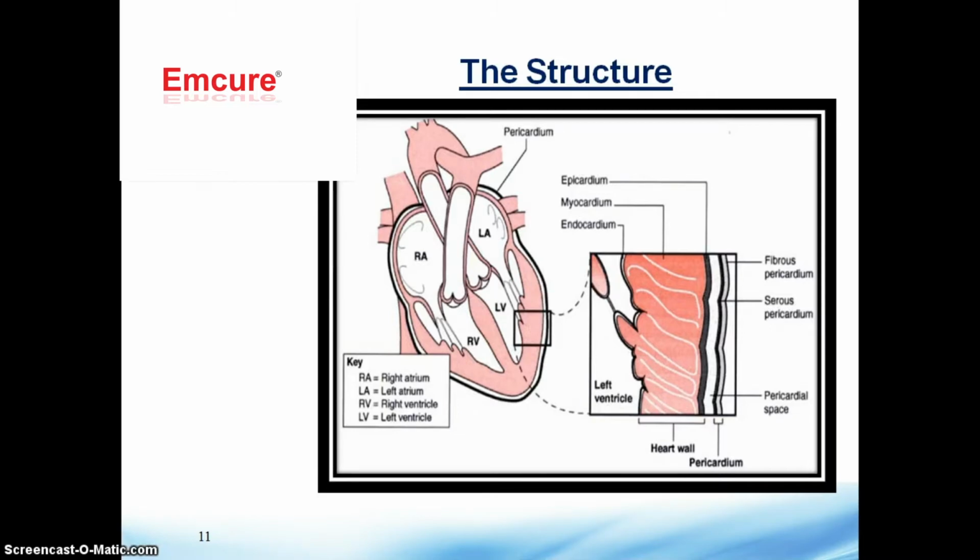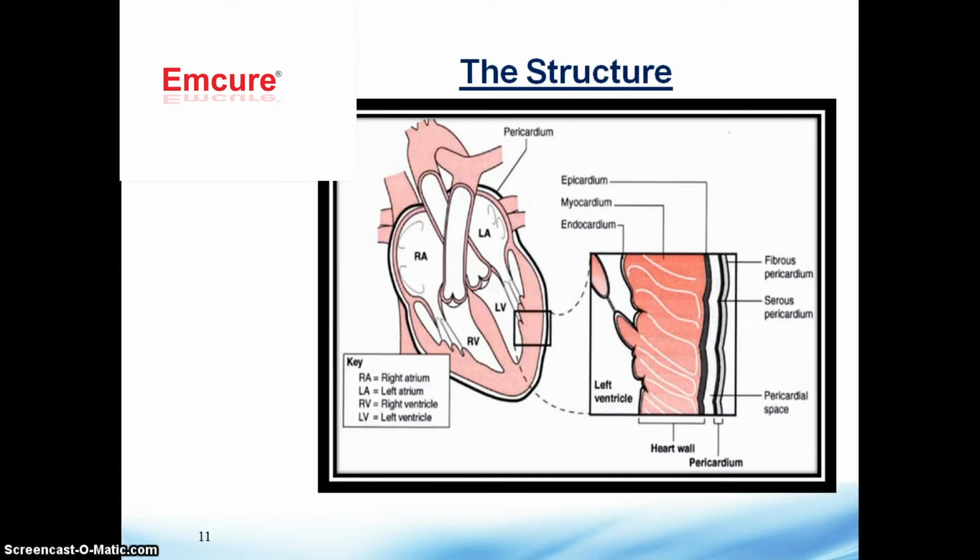Further to it, we have a layer called the epicardium, which envelops the heart muscles. In between the epicardium and the pericardial space is the outermost layer, which acts like a sac-like structure and envelops the heart all around, called the pericardium.